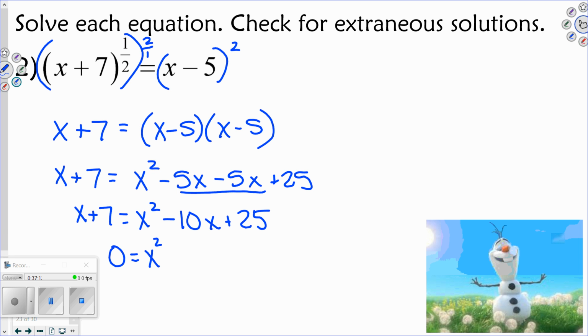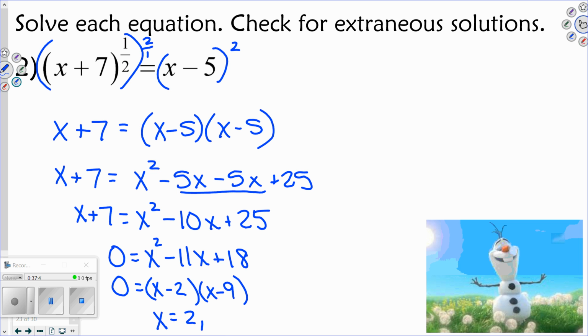Give me negative 11x. Subtract the 7, which gives me a positive 18. All right, and then we have to factor. What are your signs? And what are my numbers? 2 and 9. Yep, hold that thought. So x equals 2 and 9.